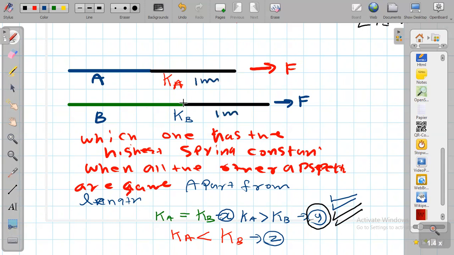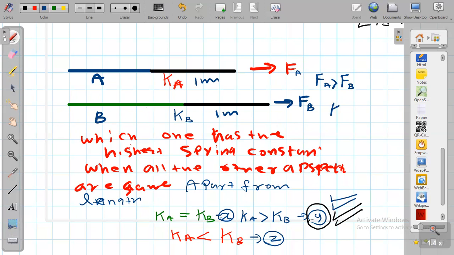The longer one you can easily extend, but the shorter one is really difficult to extend by another 1 meter. So FA is greater than FB.